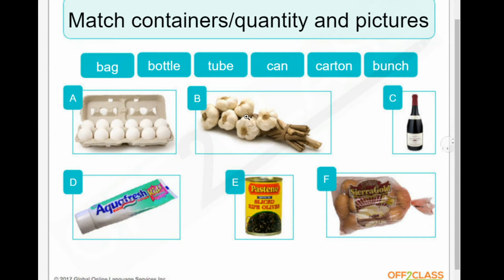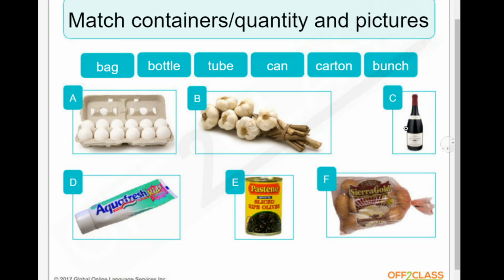B. Is this a bag of garlic? A bottle of garlic? A tube of garlic? A can of garlic? A carton of garlic, or a bunch of garlic? B is a bunch of garlic. Very good.